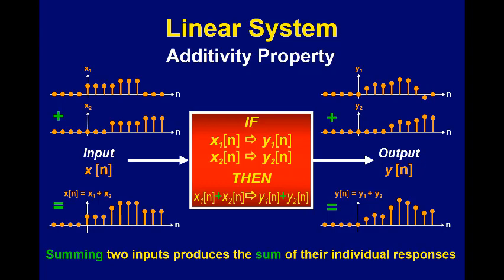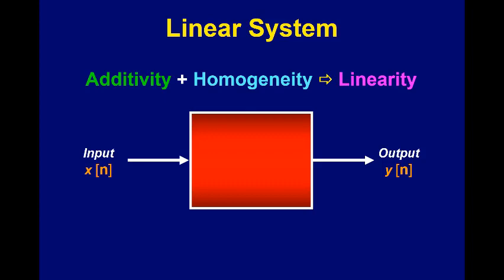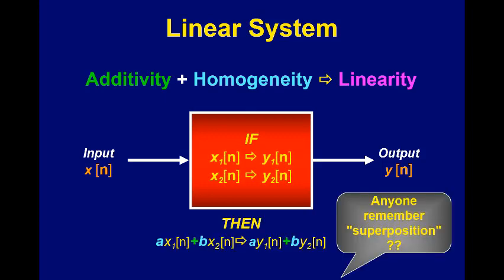Again, this mimics completely the same definitions we had in continuous time systems. Just now we have samplers. Together they make linearity, which gives us superposition. You put in x1, you get y1; you put in x2, you get y2. If I scale x1, I get a scaled y1.